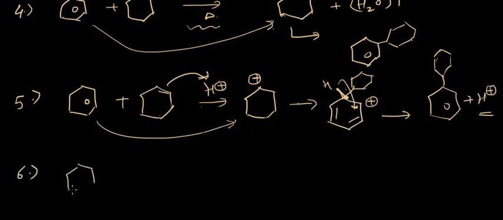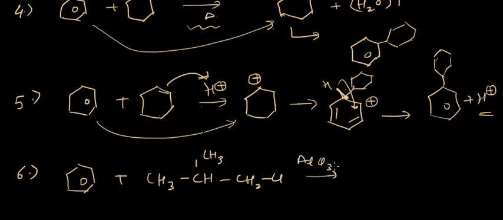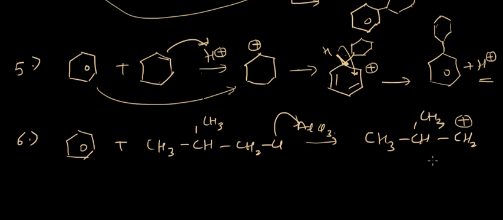Okay, let us look at the sixth example. Herein we have a benzene and something like this compound in the presence of AlCl3. What will happen is the Cl will actually attack Al and form AlCl4 minus, leaving a positively charged cation, or carbocation, on the compound. This will undergo a CH3 minus shift or H minus shift. H minus shift. Why?